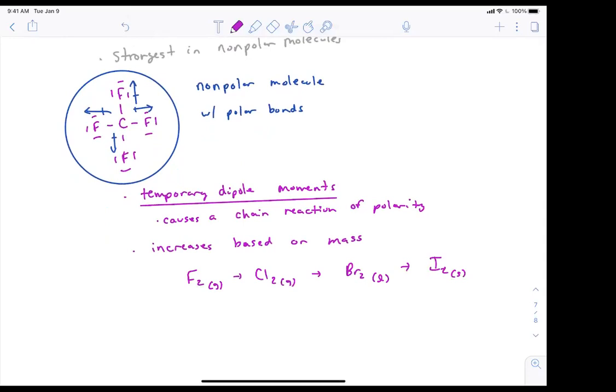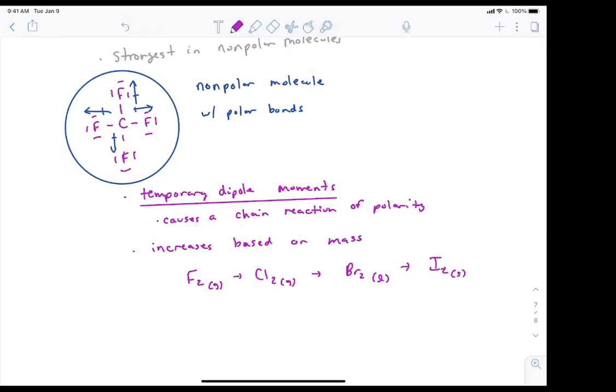As the mass increases, the attractive forces are strong enough to actually change states of matter. And so I2, being the greatest mass, is in a solid state because the attractive forces are strong enough to form that.